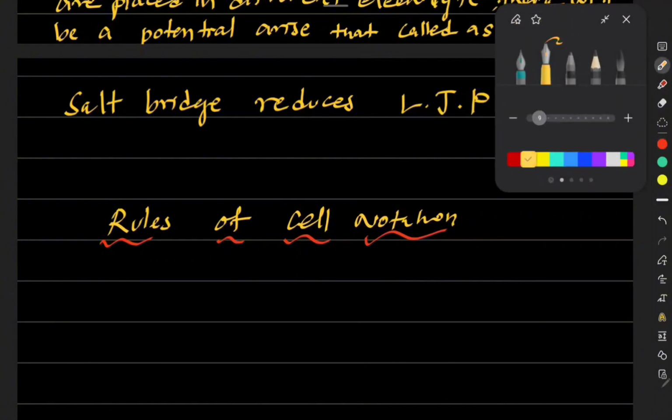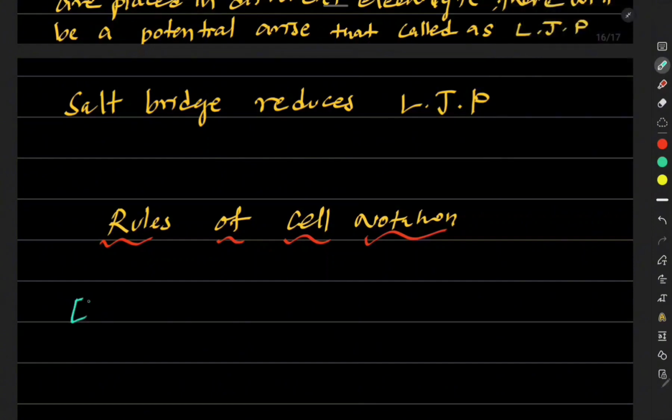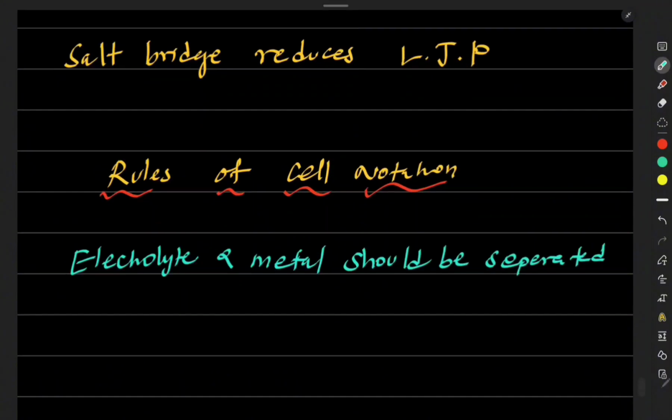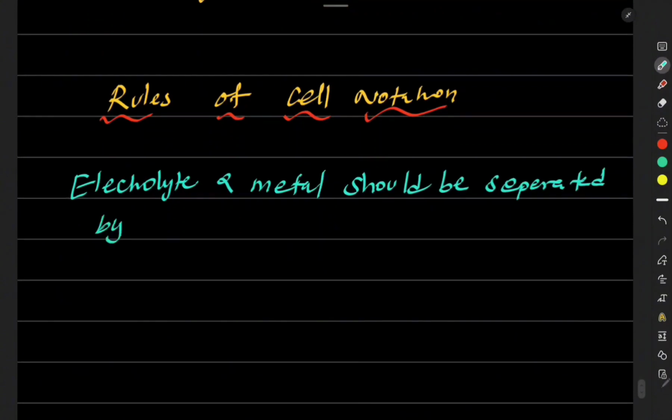First rule, electrolyte and metal should be separated by a vertical line.